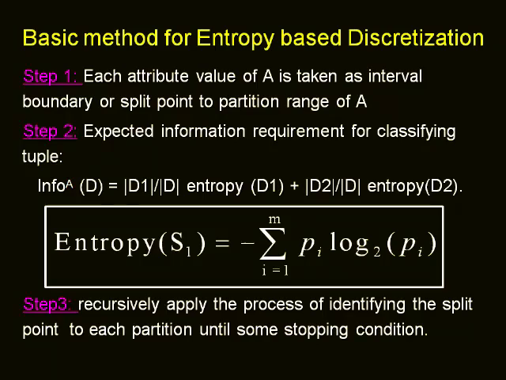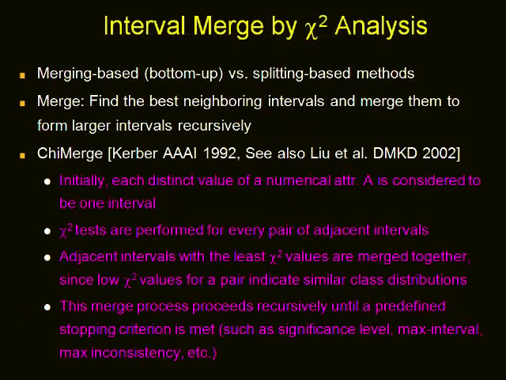The next method is interval merging by chi-square analysis. The methods discussed so far are based on a top-down splitting strategy, whereas this approach belongs to the bottom-up merge strategy. That means interval merging by chi-square analysis is a bottom-up merge approach. And it also belongs to the supervised approach because it uses class information. 3 conditions are used in this approach as a stopping criterion.